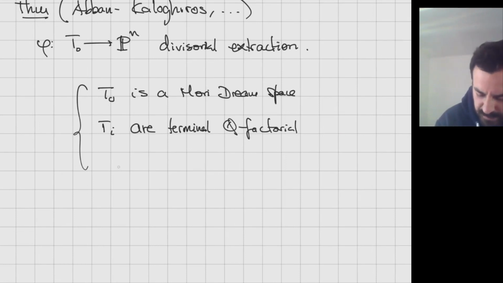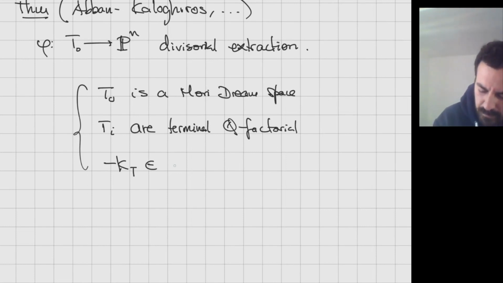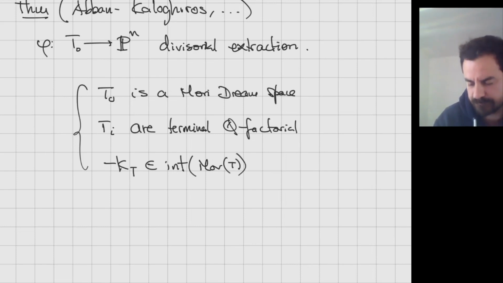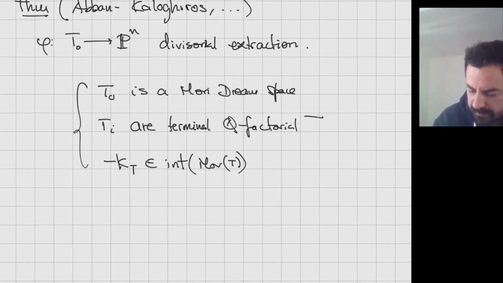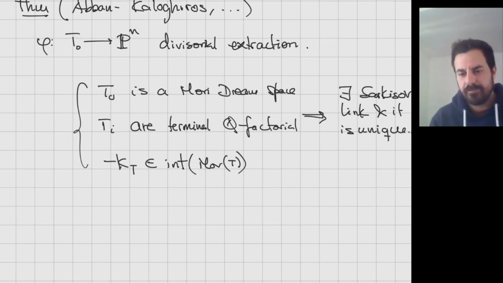And suppose also that minus K, the anticanonical divisor of T, is in the interior of the movable cone of T. Then there is a Sarkisov link, and moreover, it is unique. So there is only one such decomposition starting from a divisorial contraction on that center.